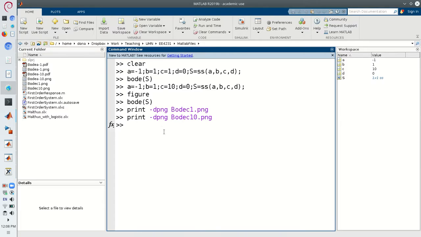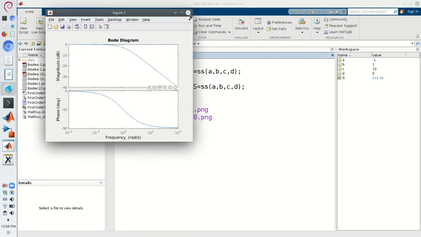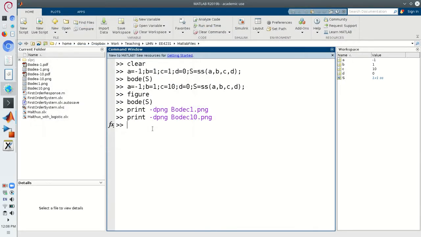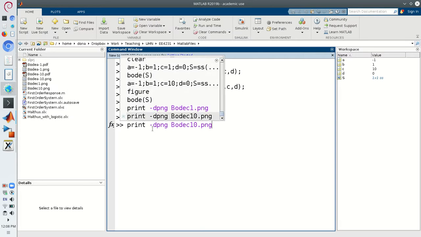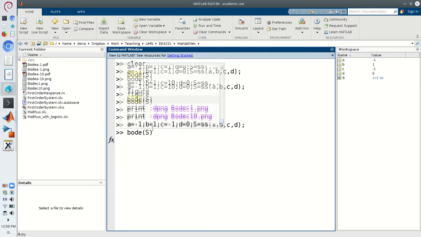Let's go back to our Bode plot. We can close this too, and let's go back to our definitions. Instead of having C equal to 10, we make C equal to minus 1, and now we go with the Bode diagram.